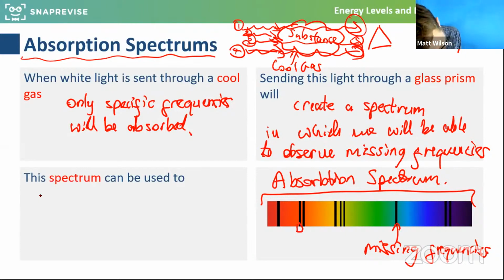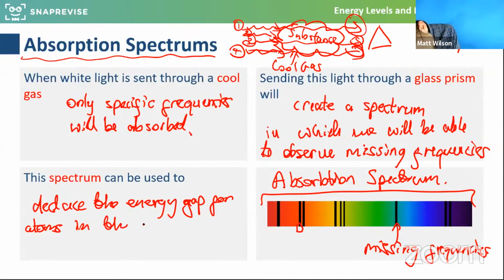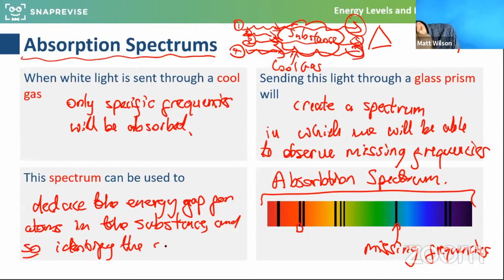So this spectrum can be used to deduce the energy gaps for atoms in the substance and so identify the atoms in the substance.